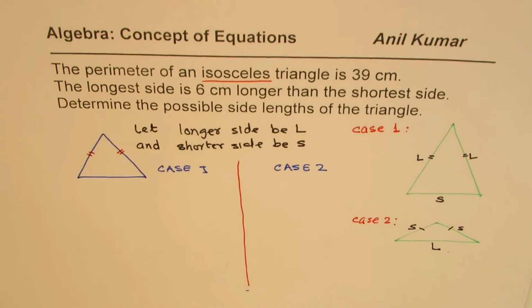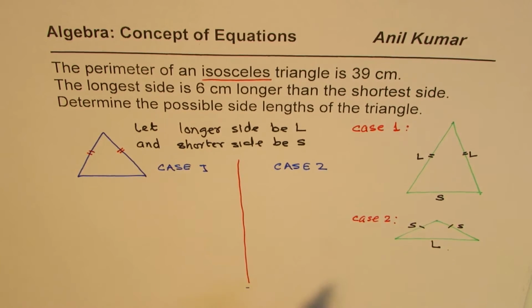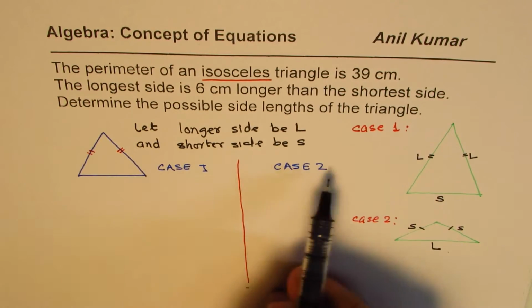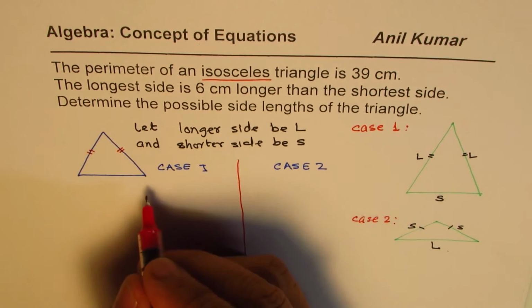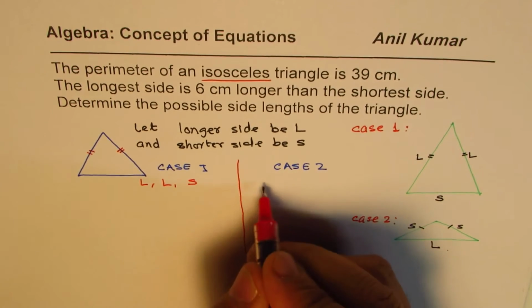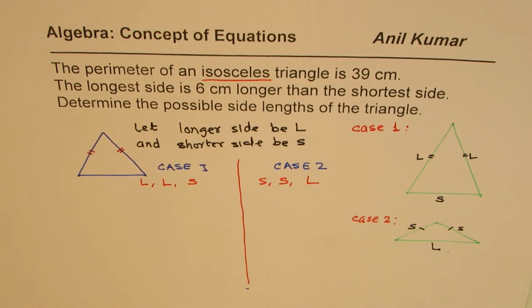Now what is perimeter equal to? Perimeter is the sum of all the sides, right? So we are given the sum of all the sides. So let me write what the sides are in each case. In case 1, the sides are L, L, and S. In case 2, we have two shorter sides which are equal, and the longer side is not equal to them.